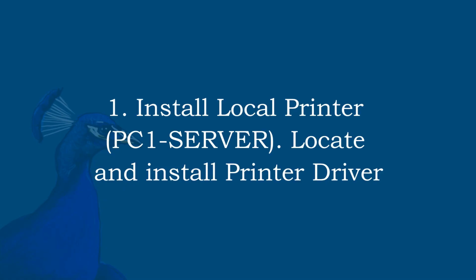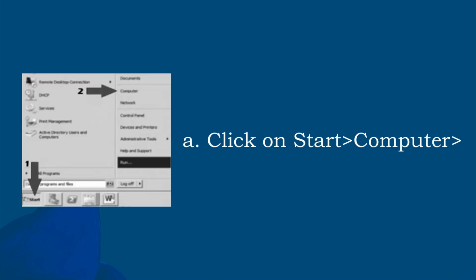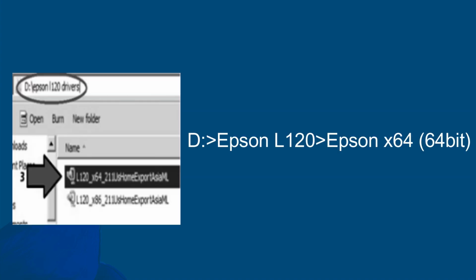Number 1, install local printer or PC1-server. Locate and install printer driver. A, click on Start and then Computer. And then on Drive D, click Epson L120 or whatever devices or type of printer that you used.